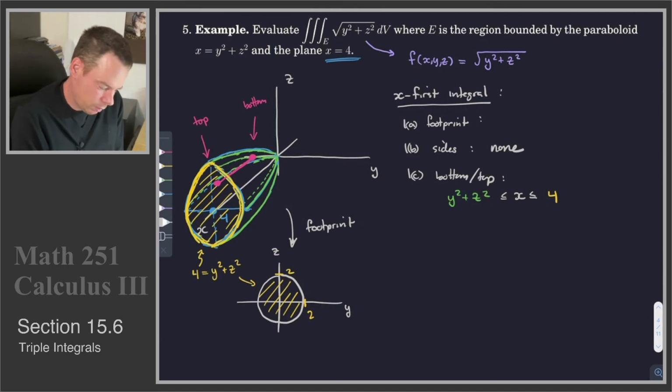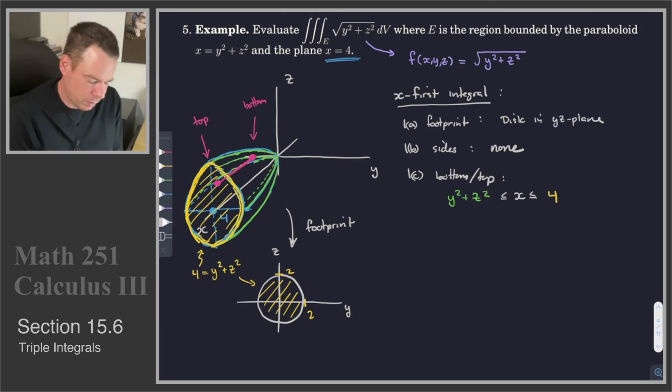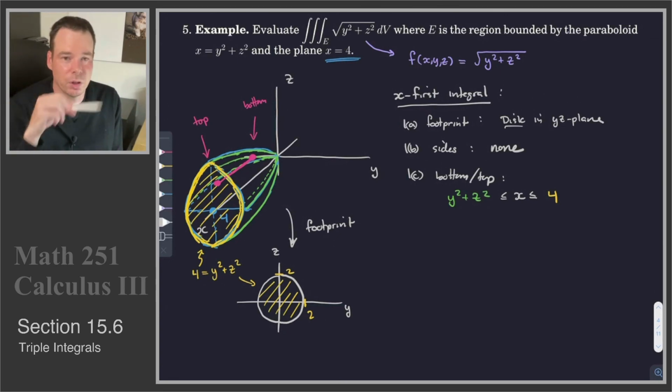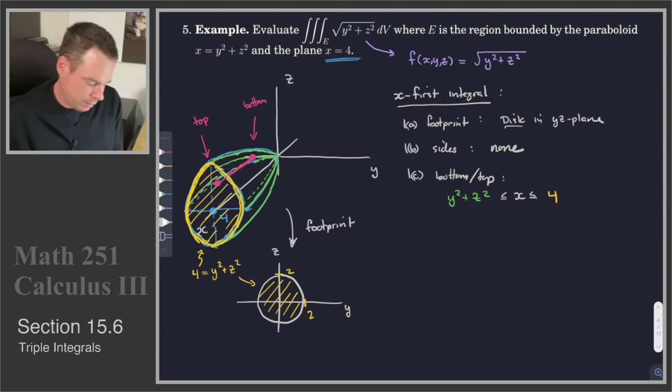So we've got our footprint. It's a disk in the YZ plane. I'll just point out that I use the word disk here. A circle is a one-dimensional object. It's a curve. The disk is that boundary circle with all the points inside it. So this would be called a circular disk, and we'll call it D.